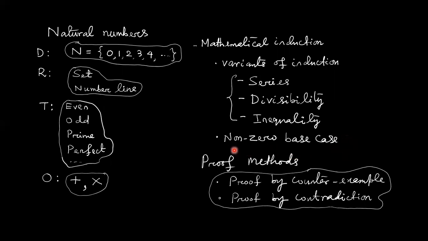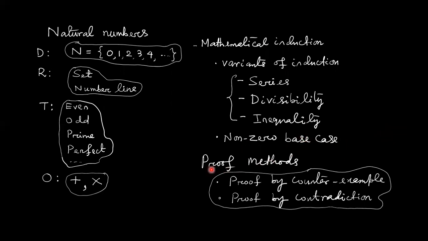That means whenever we have a non-zero base case, the induction does not start from n equal to 0 or 1. We can start from any other natural number, like 2 or 3. Those are known as non-zero base. So method of induction can be solved using non-zero base cases.